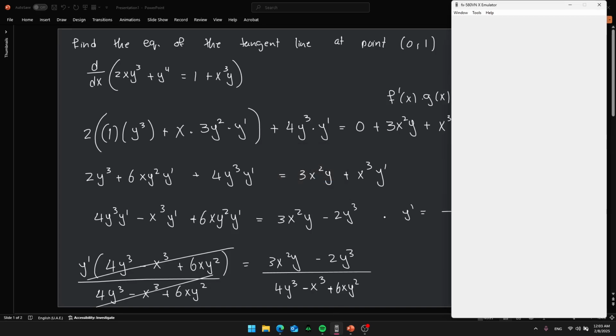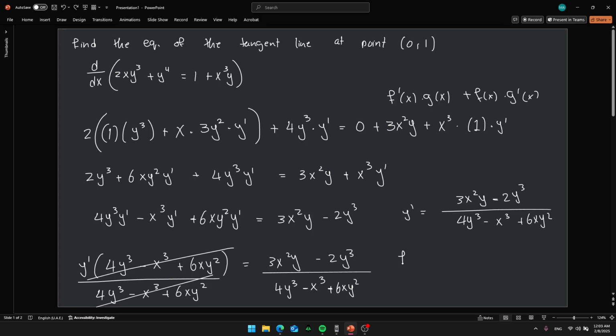Now we need to find f prime at 0, and we have the point. So this is x and this is y. So I'm going to substitute instead of x 0 and instead of y 1, to find the slope, because this also means the slope.